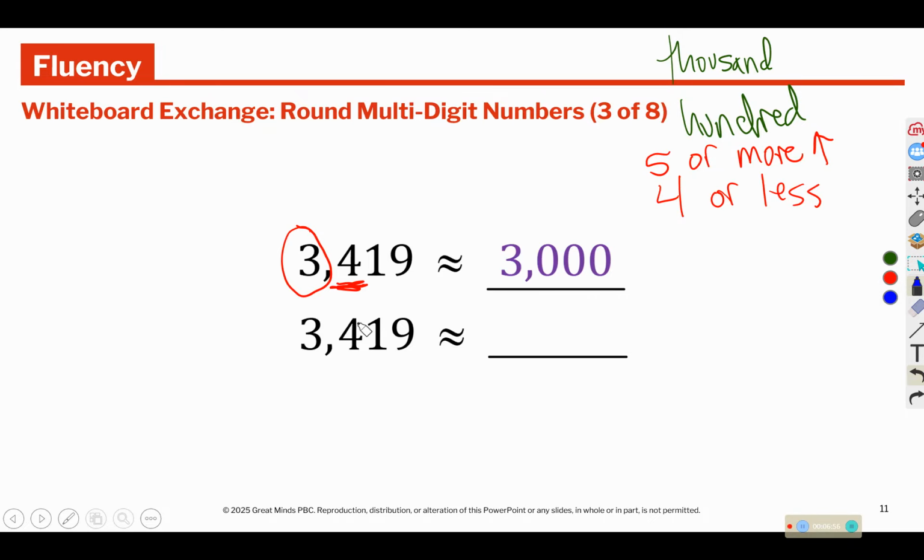Now round to the hundreds place. Look to the right. A 1 is 4 or less, so the hundreds place gets to stay, and we fill it in with zeros.